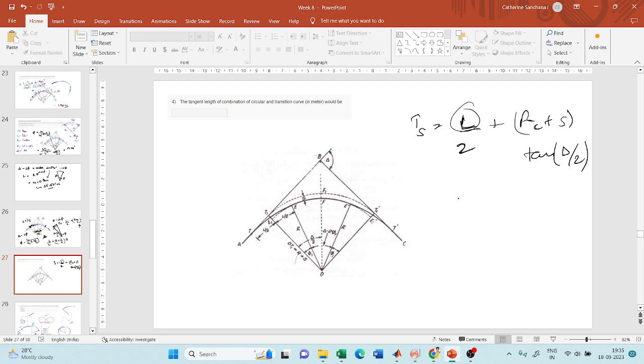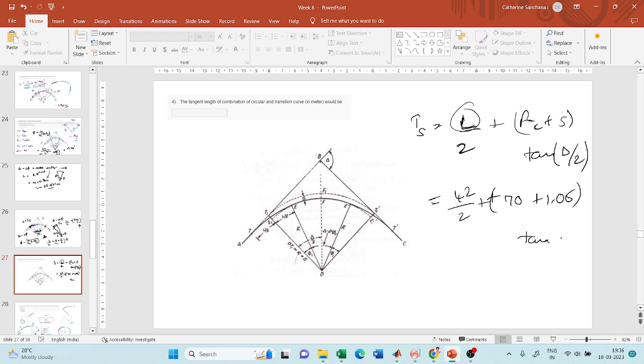If I substitute, what is the length of the transition curve? It is 42 divided by 2 plus RC is 70. Radius of the curve is 70 plus 1.05 is the shift, and tan theta by 2.